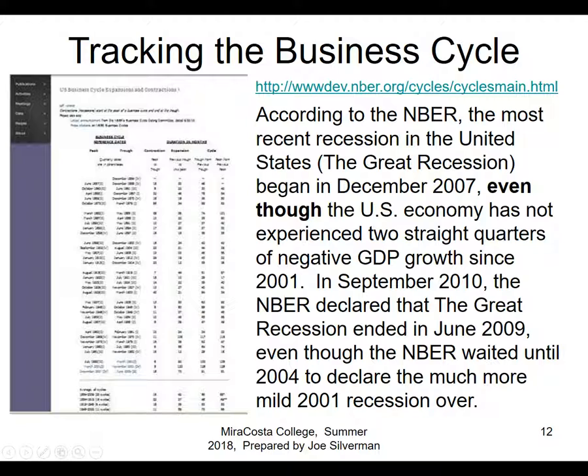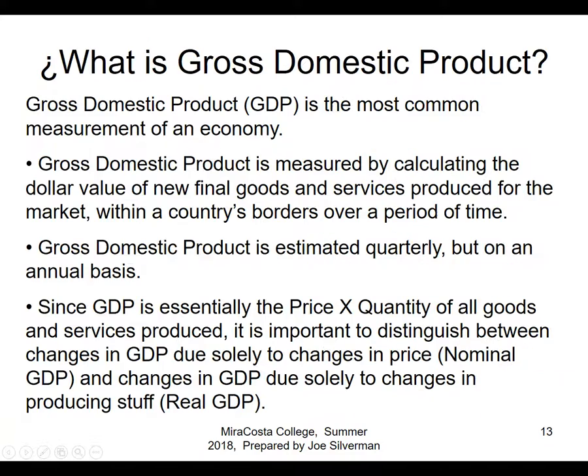Basically, what was happening at the end of 2008 is the economy was going off a cliff. The stock market was going crazy. People were losing their jobs. The housing bubble that triggered all that had collapsed. There were companies going bankrupt. Banks needed bailouts, all kinds of bad things. And they said, oh, yeah, I guess we're in a recession, and that recession started back in December of 2007. So I'm just letting you know that's one of the quirks of our system.